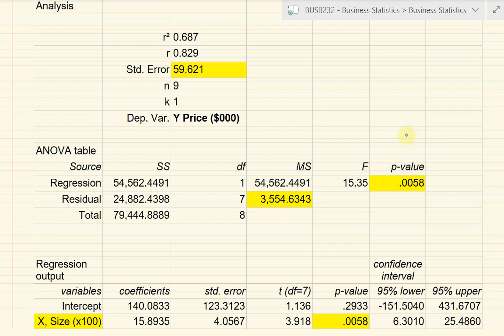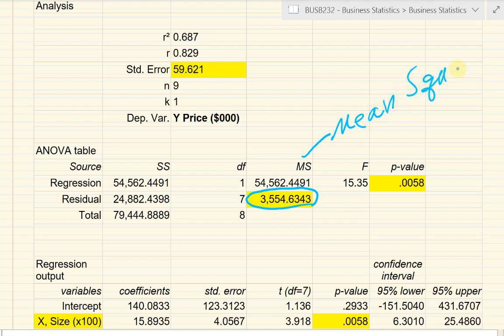Now, this number also, I'll write this in here. This one, MS, by the way, that stands for mean square. Mean square. SS stands for sum of squares. Now, this number, MS residual, is actually the same as error.